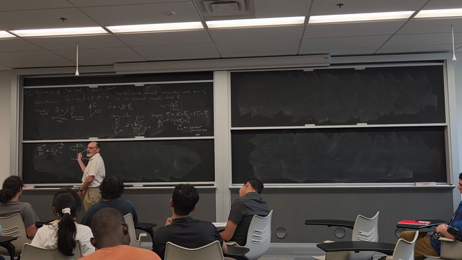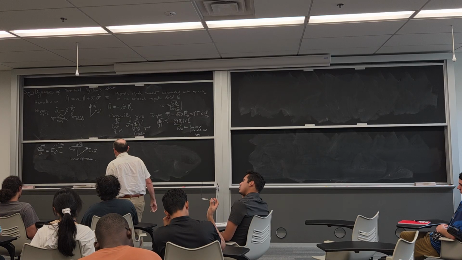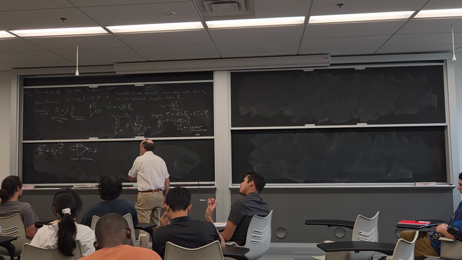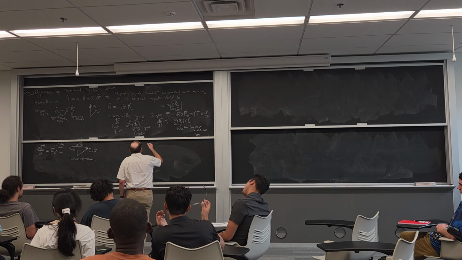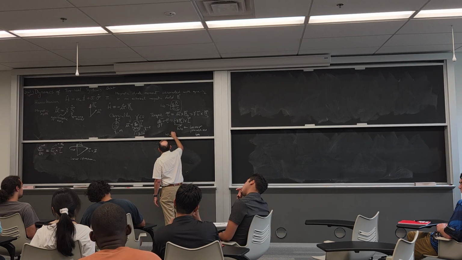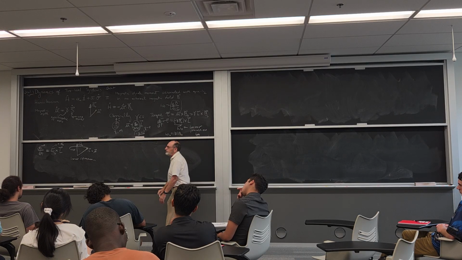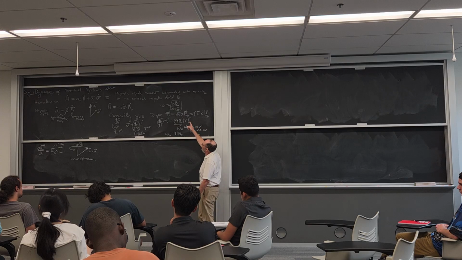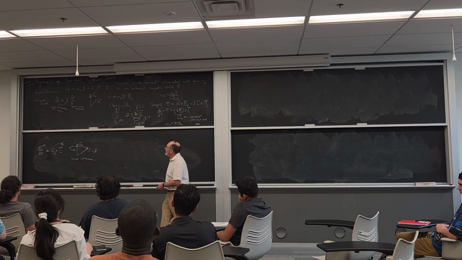It wants to align, but it keeps getting pushed perpendicular, and thus it precesses around that. Yeah? So the direction of omega naught is the axis it's precessing around, and the magnitude is the frequency? That's correct. The magnitude omega naught is equal to the magnitude of gamma times B naught. That's what we had up there.